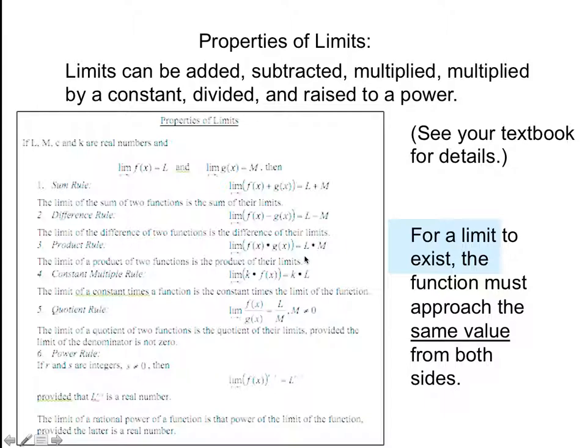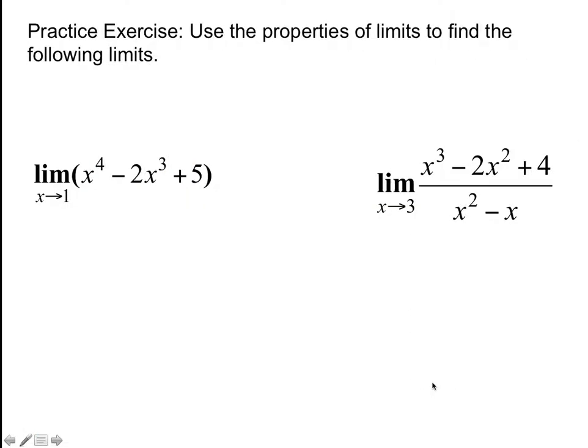If we multiply them, then their limit is the product. We can multiply by a constant, so we can take 3 times a function, and then the limit is 3 times that limit. We can divide them as long as the denominator is not 0. All those numeric properties we have for limits as well. And remember, for a limit to exist, the function must approach the same value from both sides.